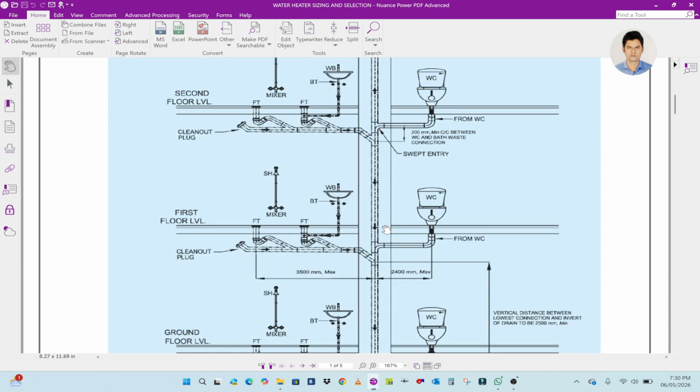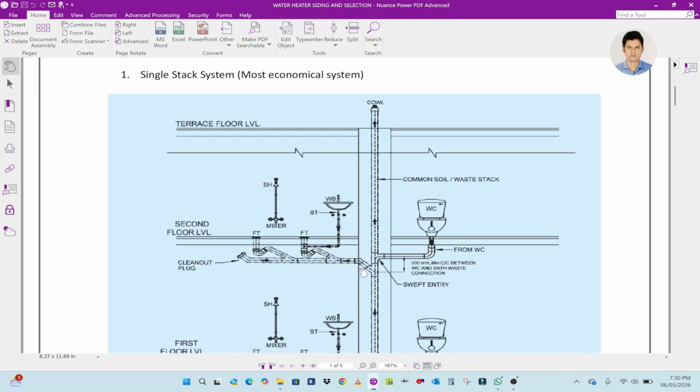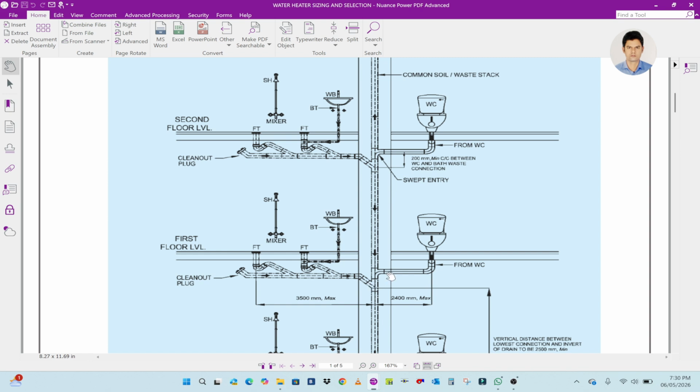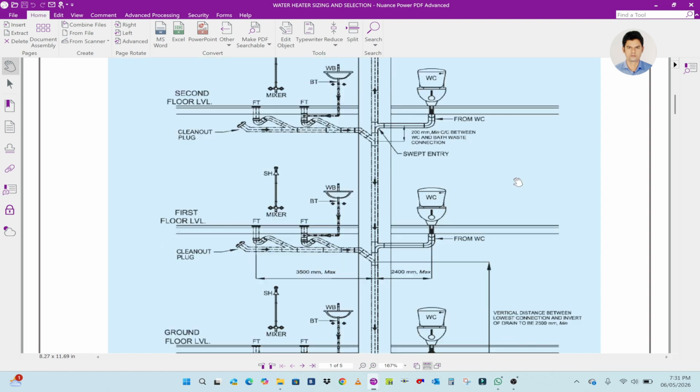And in this system there is no venting. All appliances are connected through one single common soil and waste stack. This pipe is common for the soil as well as waste appliances. That's why this is called single stack system.